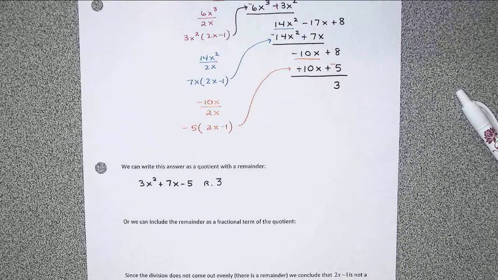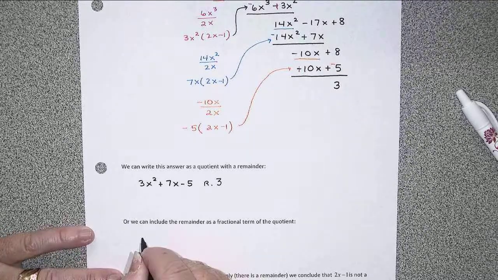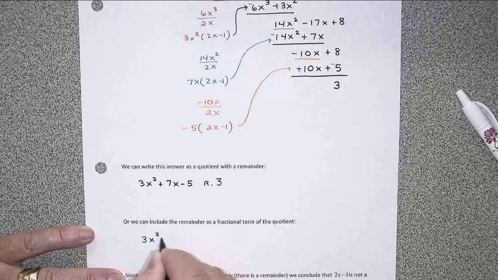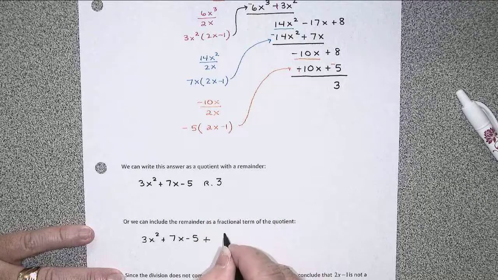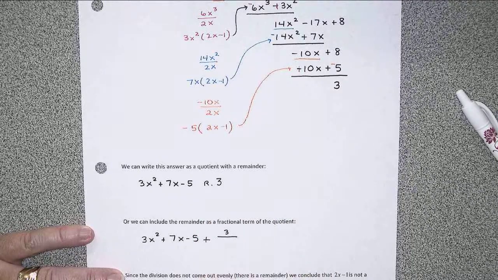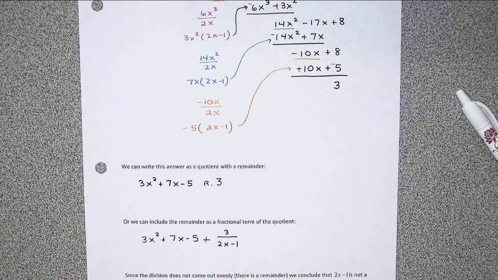Mathematically, however, we typically prefer to put our quotients back into fraction form. So another way to write this answer would be 3x squared plus 7x minus 5 plus that remainder 3 still hasn't been divided by the original 2x minus 1.